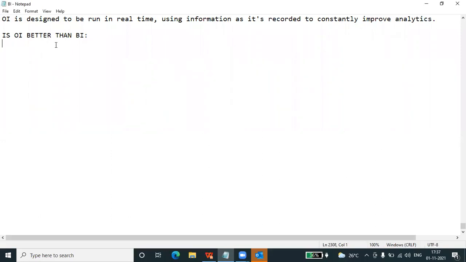The next question is, what is real-time business intelligence? Real-time business intelligence predates operational intelligence.